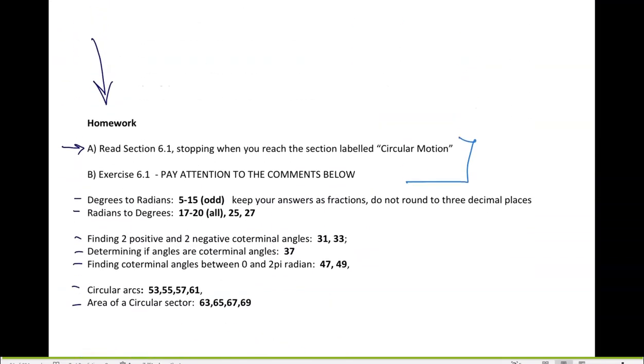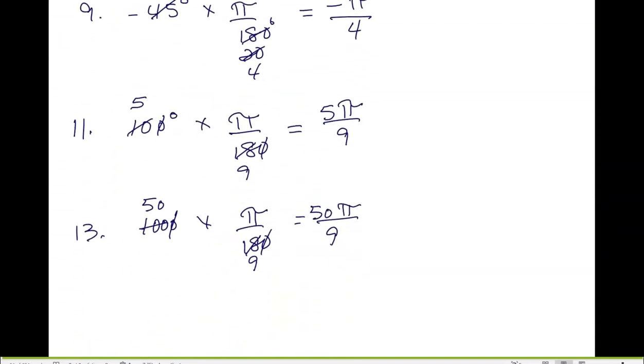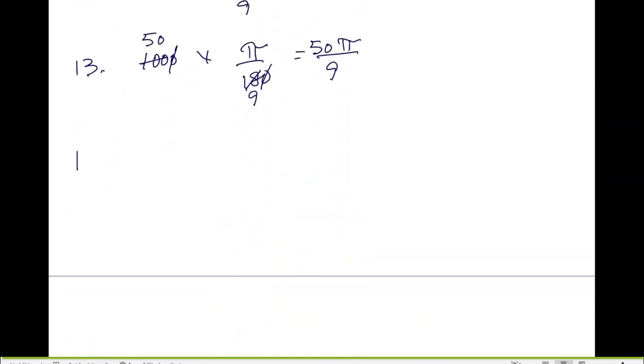And we had to do one more. We had to do 15. So looking at 15, what do I have? My degree is negative 70 times pi over 180. And divide by 10, divide by 10. And that's going to be negative pi over 18.